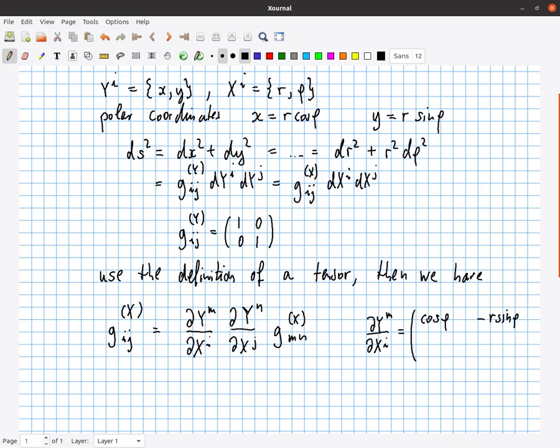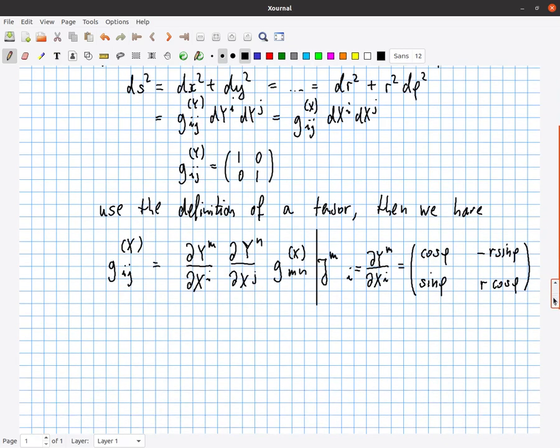For the second row, we are working with y. So dy dr gives us sine phi. And dy d phi gives us r cos phi. I'm putting a little line in here just to separate this. And this is precisely the Jacobian matrix. And just for ease of notation, I'm denoting this as J.